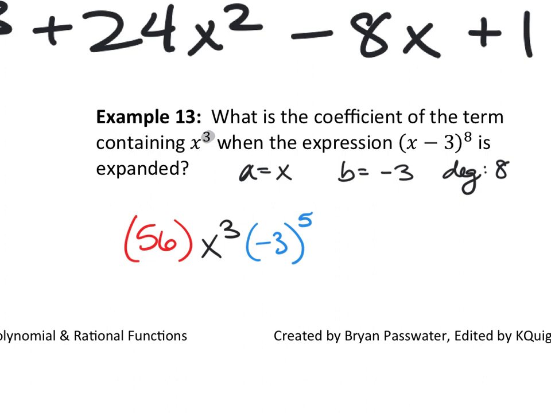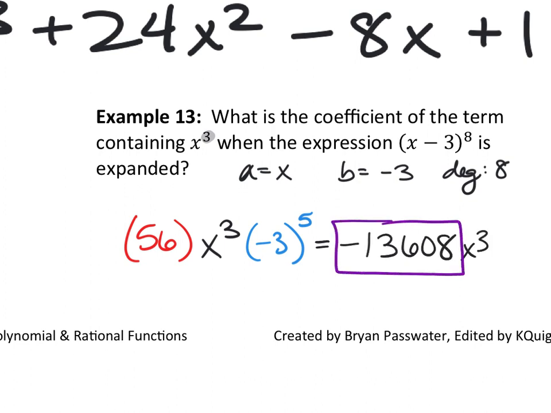Why 5? 3 plus 5 is 8. You would throw all that into a calculator and figure out that this comes out to negative 13,608x cubed, which means the answer to the question is negative 13,608.